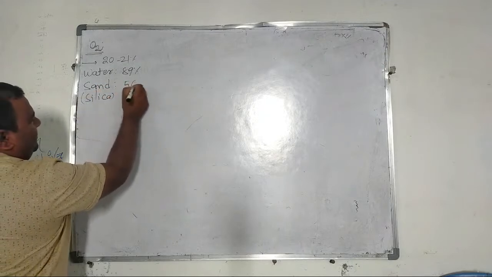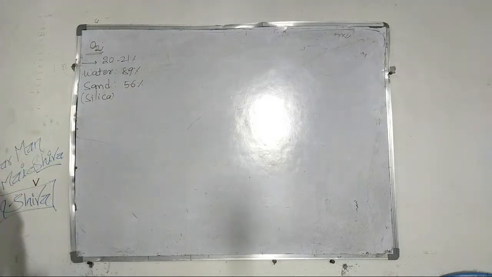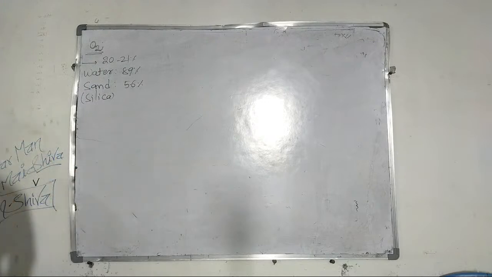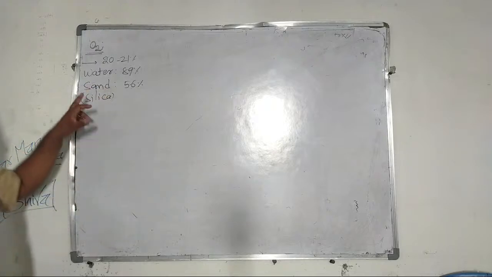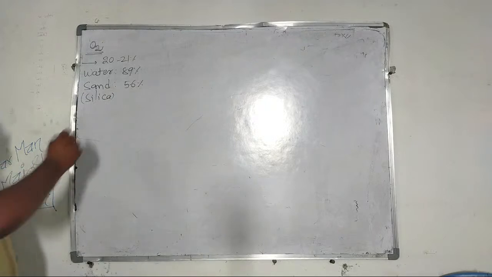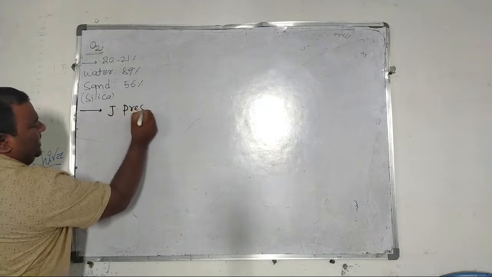It contains 56% oxygen. So oxygen is 20 to 21% in the atmosphere, 89% in water, and 56% in sand.